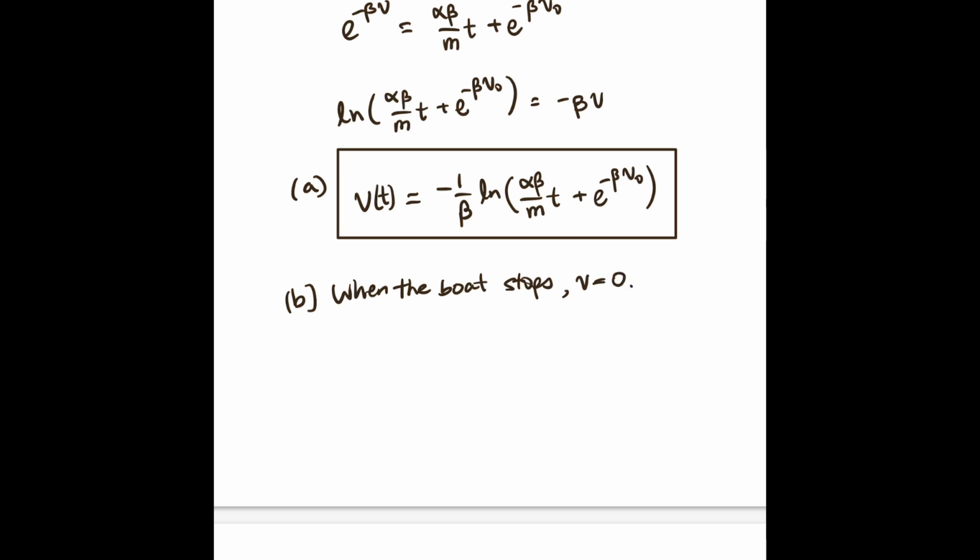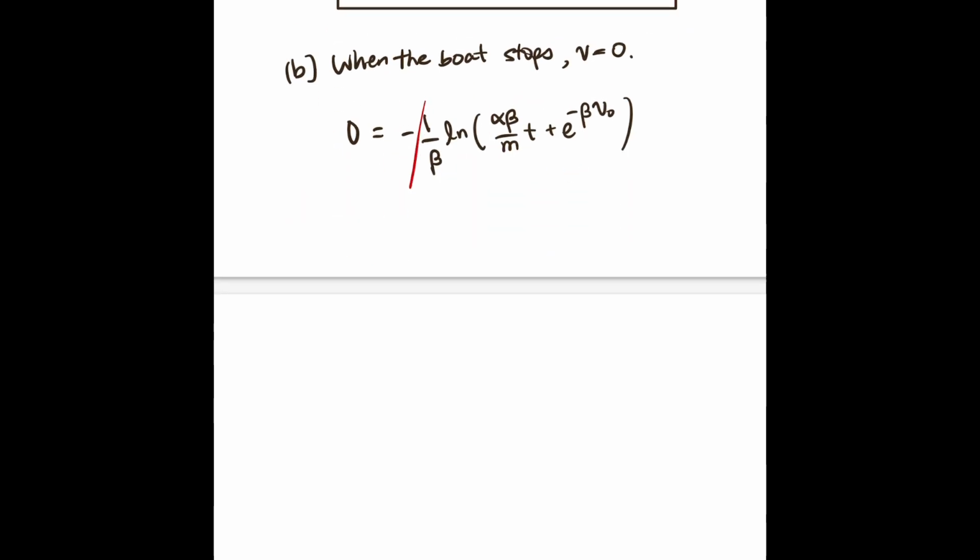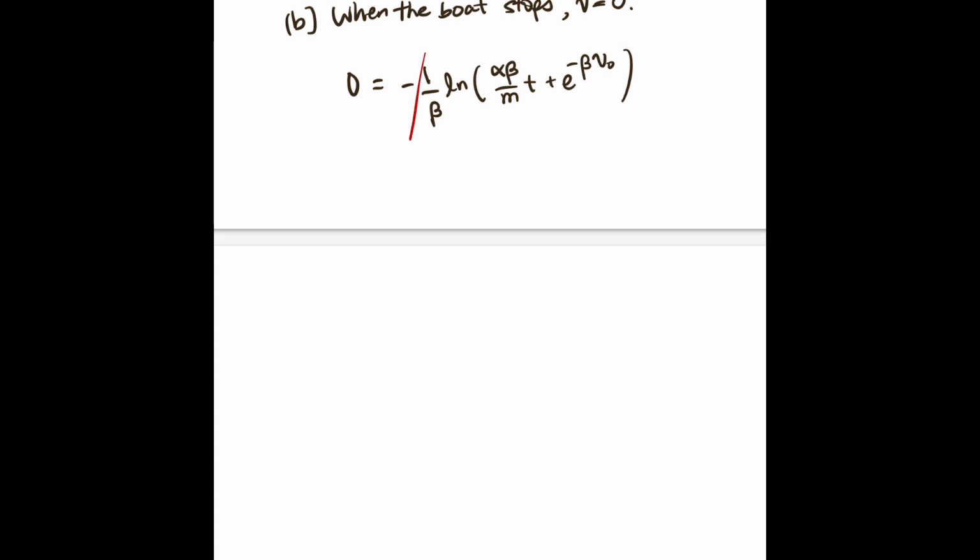Therefore, we have to set v equals 0 from this equation, the first one, our velocity as a function of time, and then solve for time. The negative 1 over beta automatically gets canceled out because of the 0. If you just multiply by negative beta, it goes away.